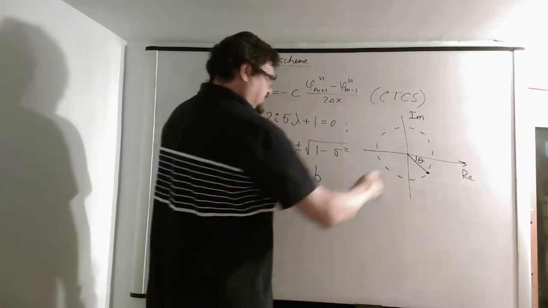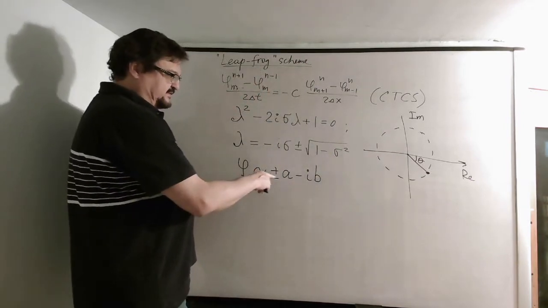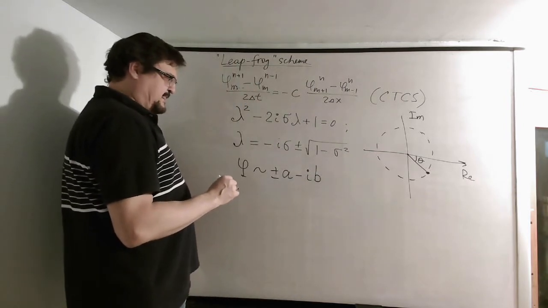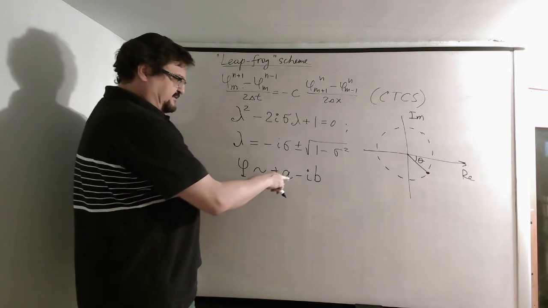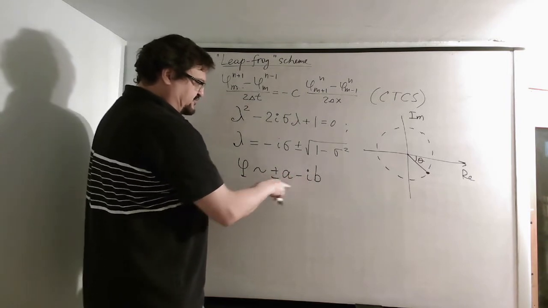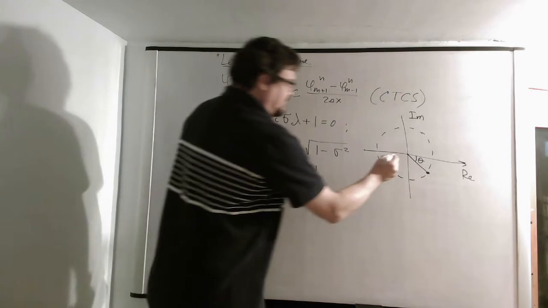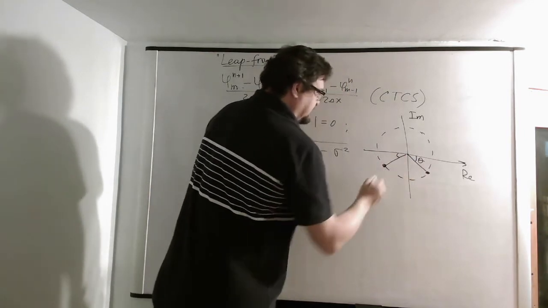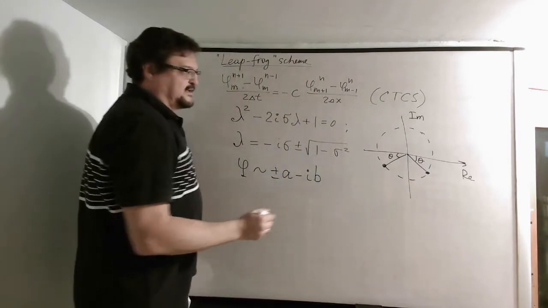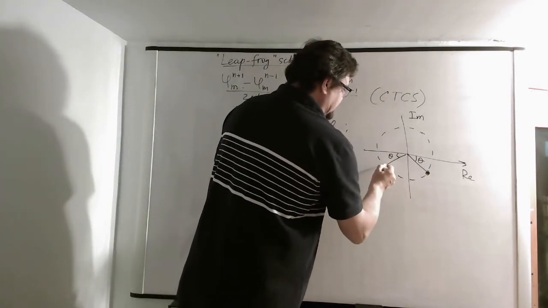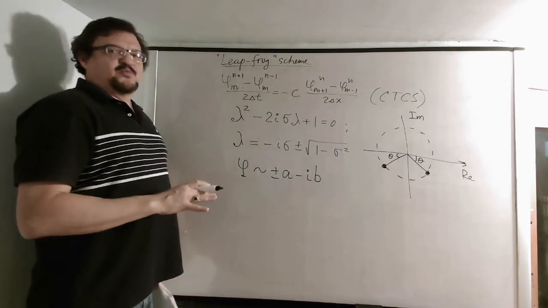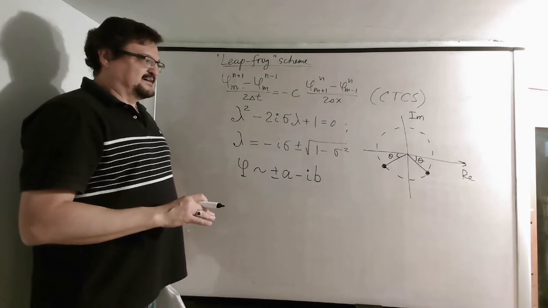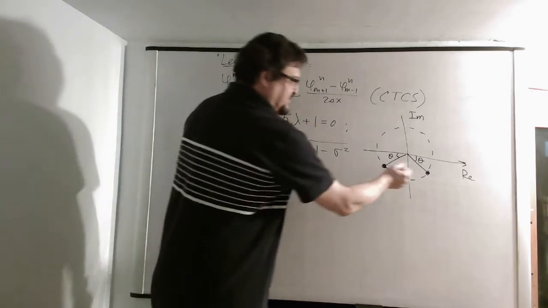And the second one is the same, but you now have a negative imaginary portion and a negative real portion. So this is another solution. It's also the same theta. So this is one solution, this is the second solution. We won't talk now about which one is physical, which one is not physical. But there are two solutions.